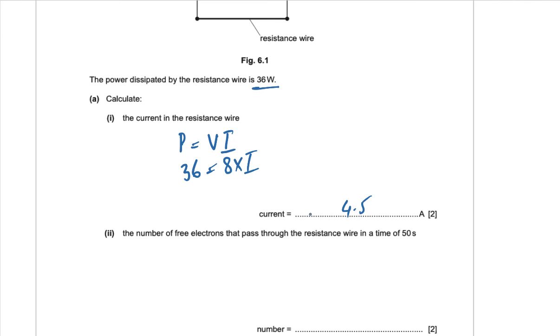So with the current that you calculated in the last part, current is equal to charge divided by time, right? You already have the time, that is 50 seconds. So the total charge that flows in the duration of 50 seconds is going to be 4.5 times 50, and that is equal to 225 coulombs of charge.